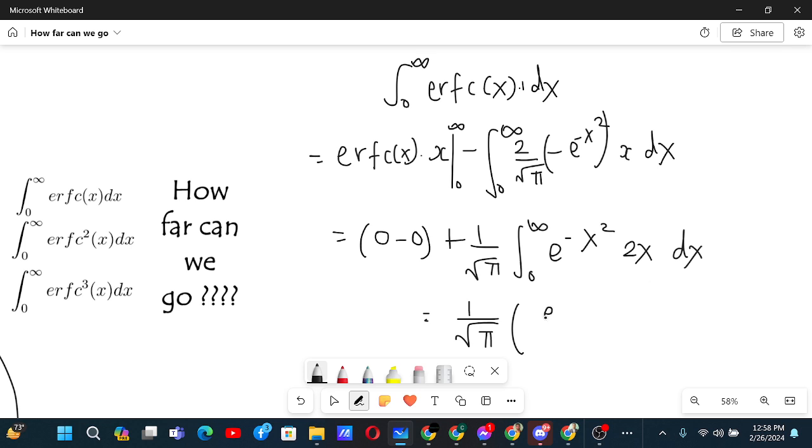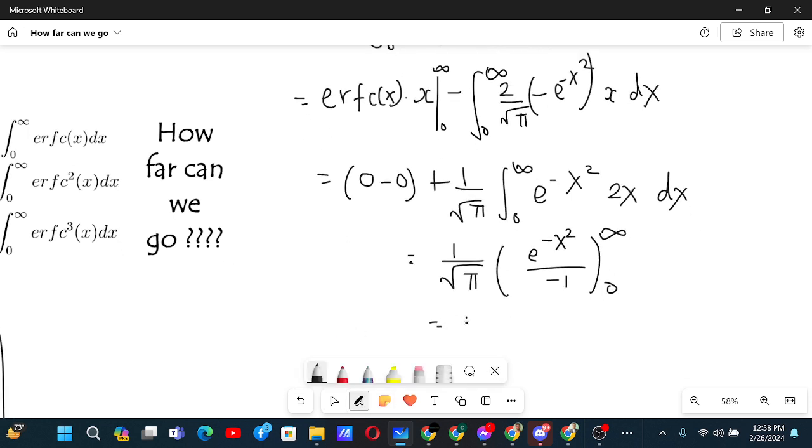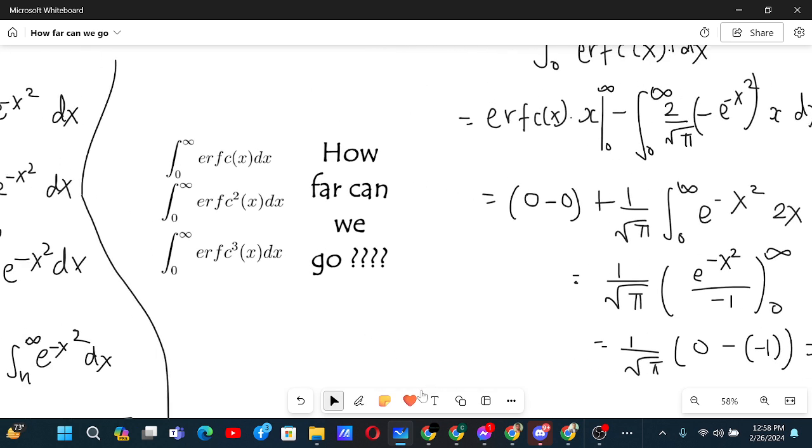So we will have e to the power minus x squared by minus 1 from 0 to infinity. At infinity, this will be 0, minus at 0 this will be minus 1. So our answer is 1 by root pi. We solved the first one.